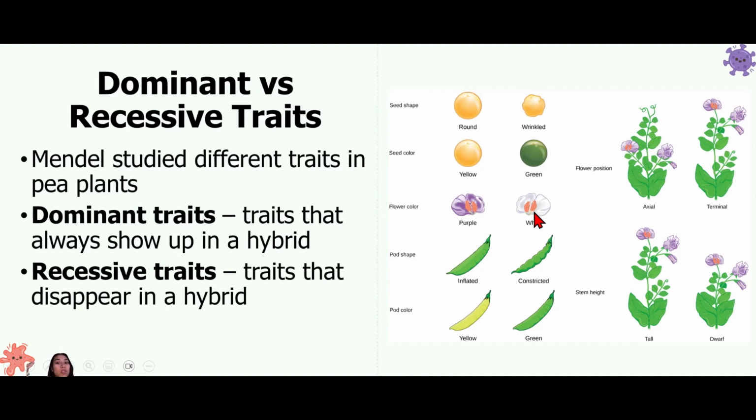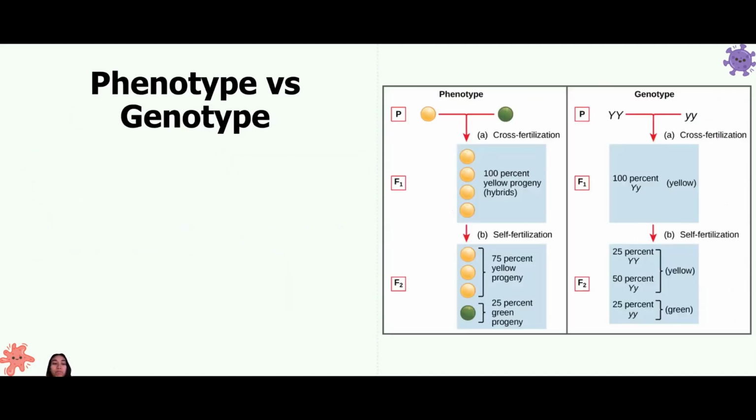But then he often saw that that trait would reappear in the following generation. So these recessive traits disappear and then reappear in different generations, whereas a dominant trait typically is found in all generations. Again, his whole thing was looking at different traits, trying to figure out what was dominant and recessive. This was prior to knowing anything about genetics or alleles. He was just making observations.